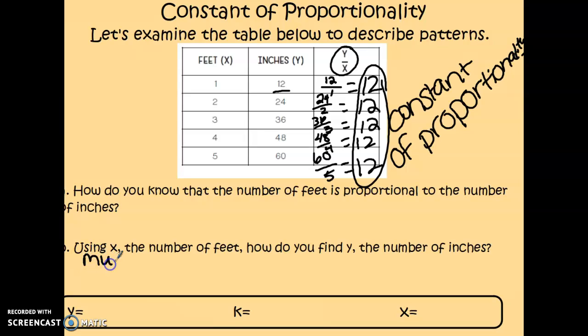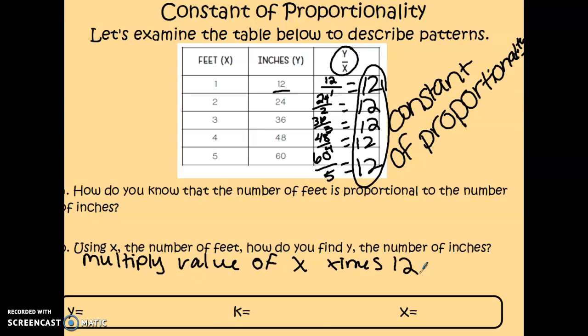We would multiply the value of x times 12.